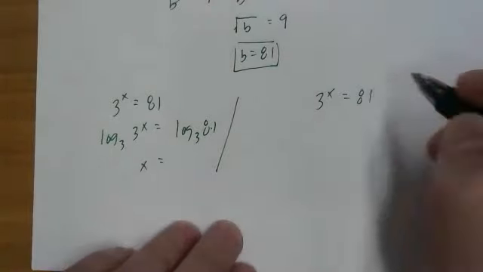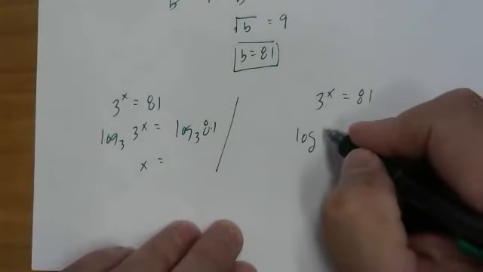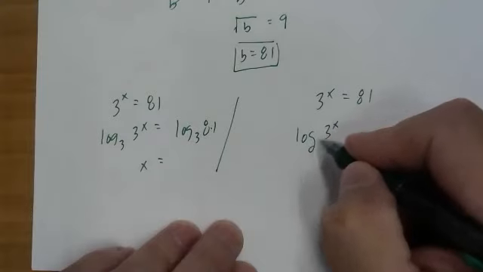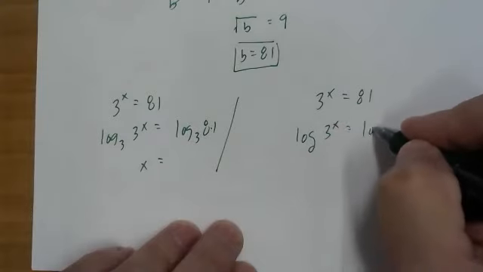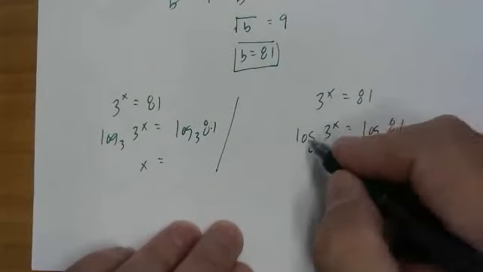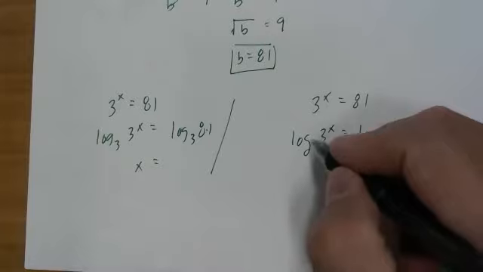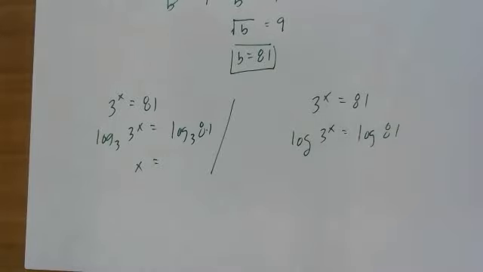I'm still going to take the log of both sides, but now I'm going to do log base 10 or common log. And I do that because if I ever have to use my calculator, I know I can use my calculator to figure out what the log is.